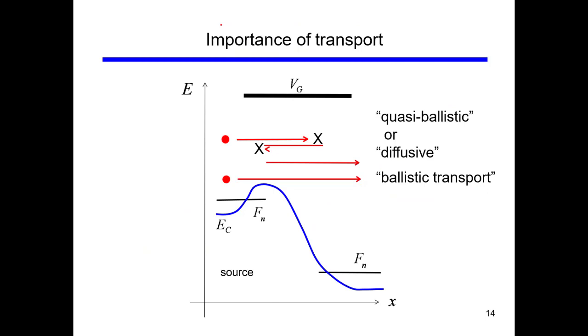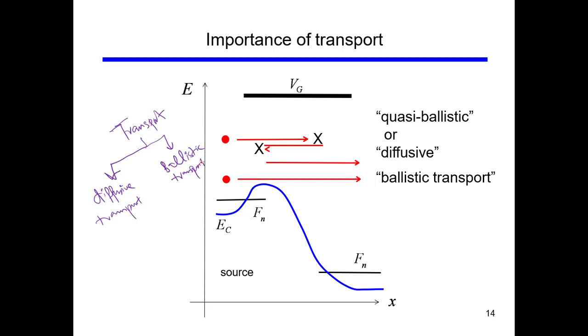And in order to explain that problem in the previous slide, there are two kinds of transport in modern transistors. One is diffusive transport, and the other is ballistic transport.